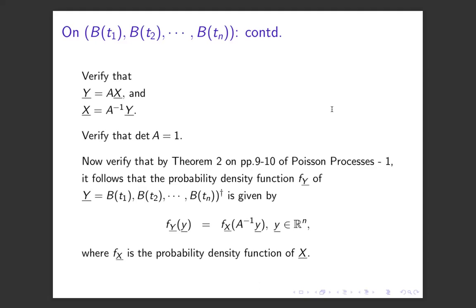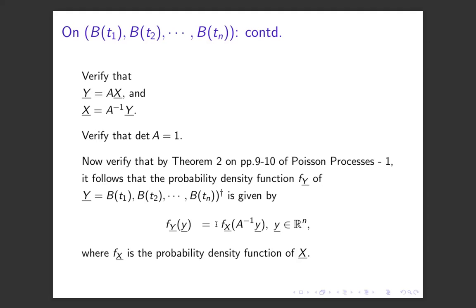So now again, you refer to the theorem which we had stated in the earlier part of this course, theorem 2 on pages 9 and 10 of Poisson process 1. By that, one can express the probability density function f sub y bar of y in terms of the probability density function of x bar.